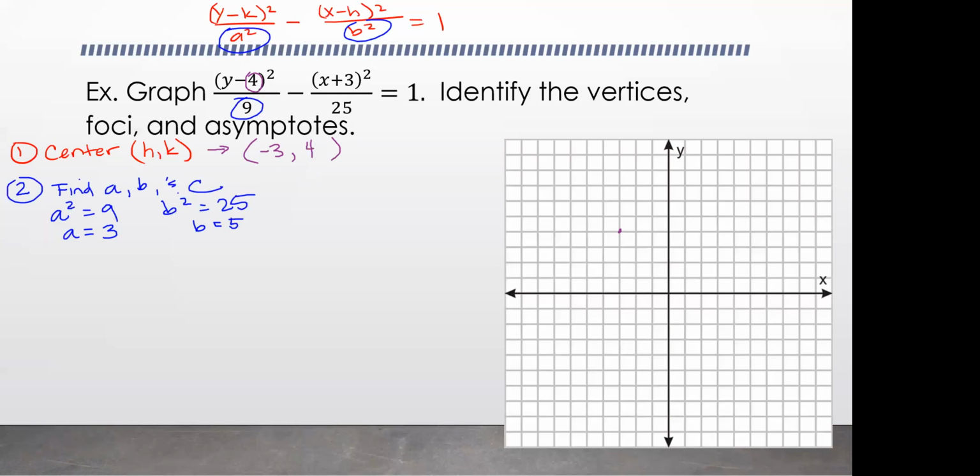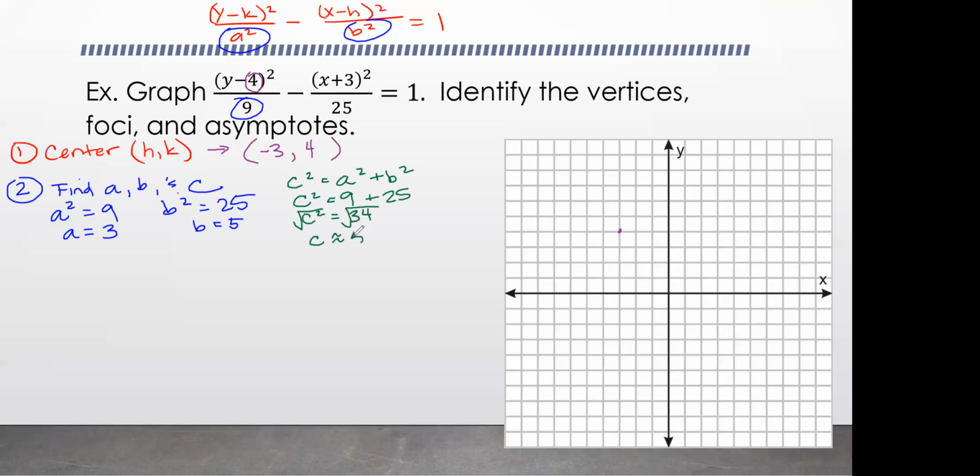Now I just need to solve for c. I know that c squared is equal to a squared plus b squared. And a squared is 9, b squared is 25, so c squared is equal to 34. I need the value of c, so I need to take the square root, and this is going to be a decimal approximation.